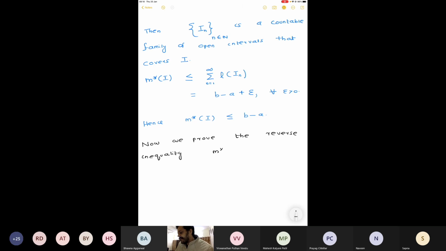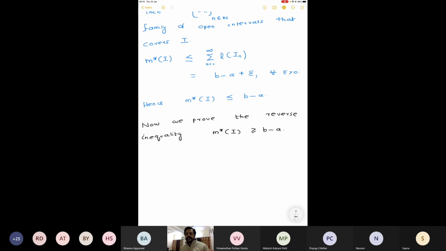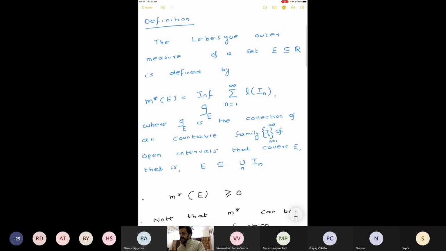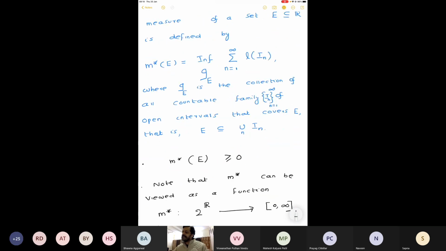M star of I greater than or equal to B minus A. Now, again revisit the definition of M star of I. M star of I by definition is the infimum of summation of length of In. So if I can prove that for any arbitrary collection In of open intervals that covers A, summation of length of In is greater than or equal to B minus A, then is it done?